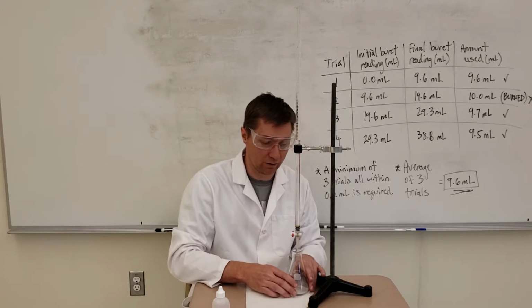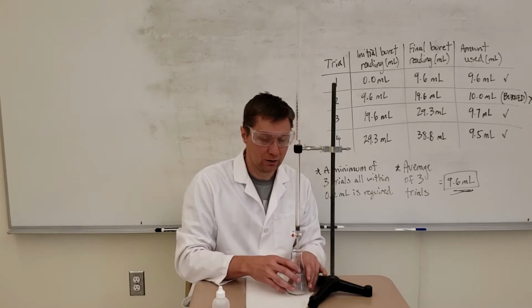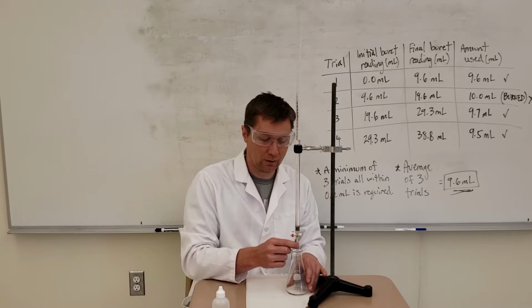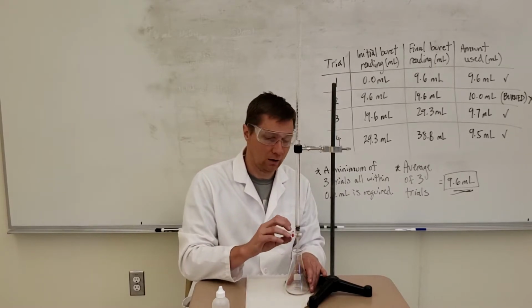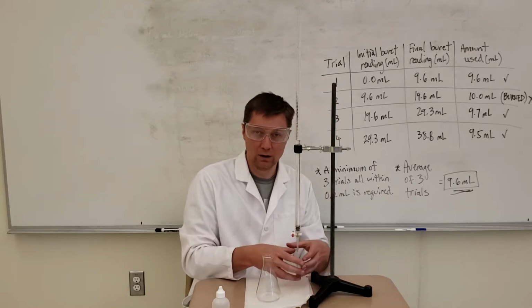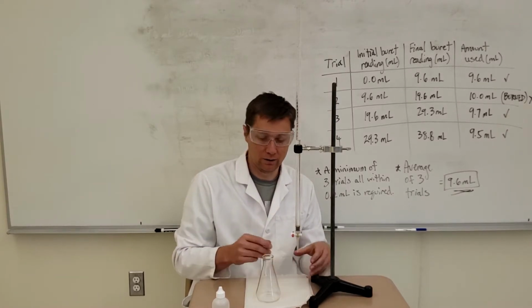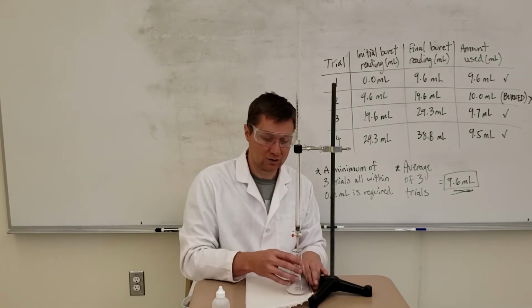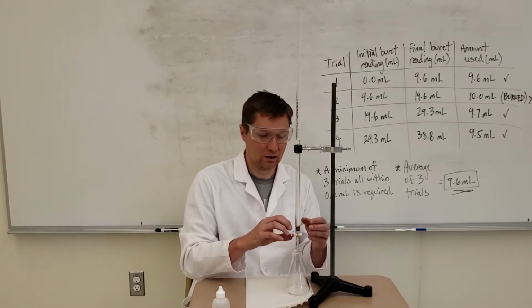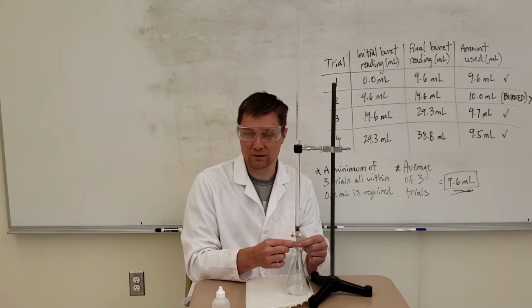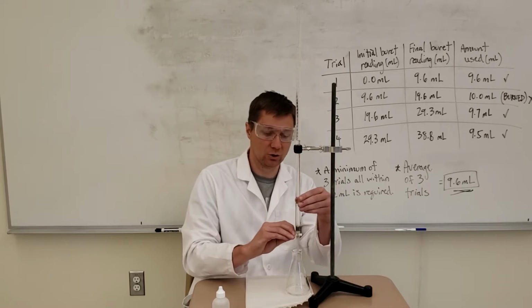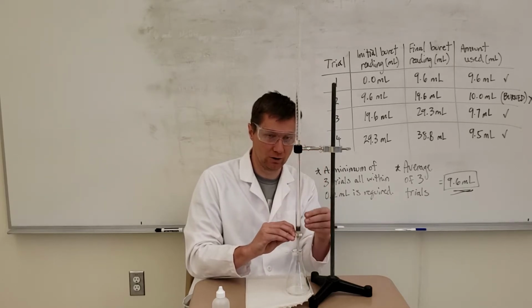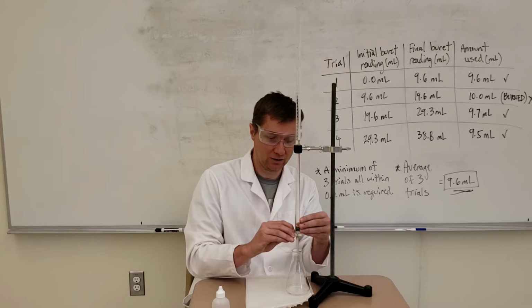Now before we get started, what you want to make sure that you do is make sure that the tip of the burette is full, okay? And normally you would empty that out into a small beaker underneath, because if the tip of the burette is empty and you turn this open a little bit, the volume here in your measurement is going to go down, but you haven't actually added anything to the solution.